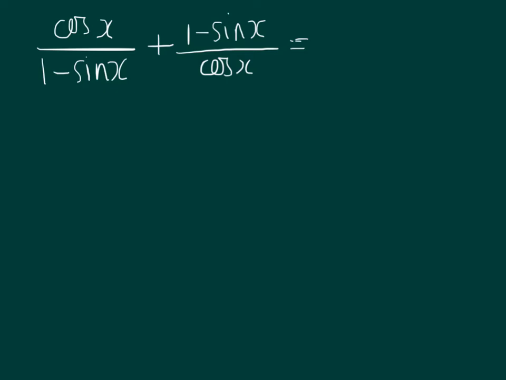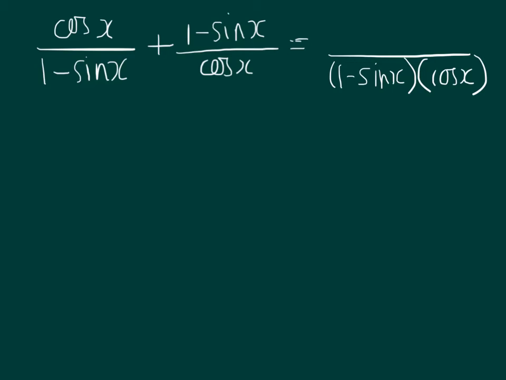Right, pause the video and have a go at doing this without looking, and then check your answer in a minute. So, hopefully you've had a good go at this. Like we were doing with algebraic fractions, we want to write these over a common denominator. So we want to write this all over 1 take sine x times cos x.